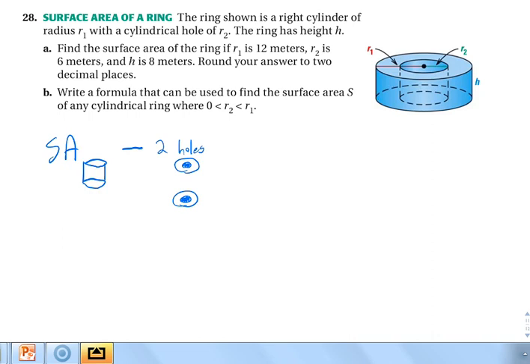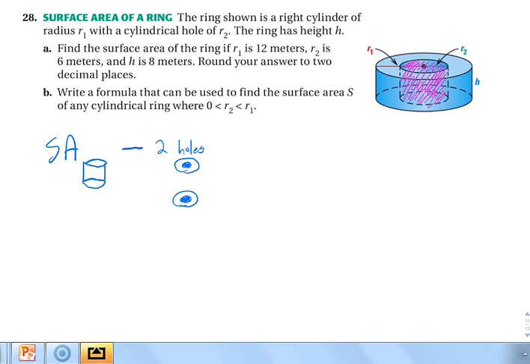But also, we didn't just get that. If we're painting this entire surface, then we need to also get the lateral area on the inside of this cylinder. That becomes an exterior surface.